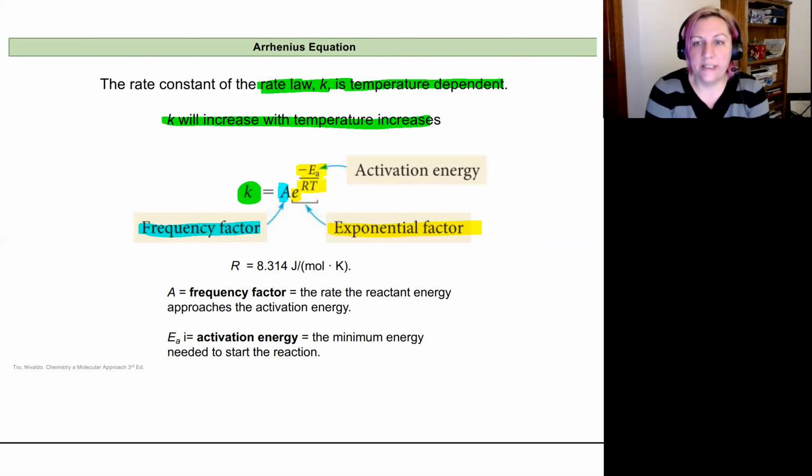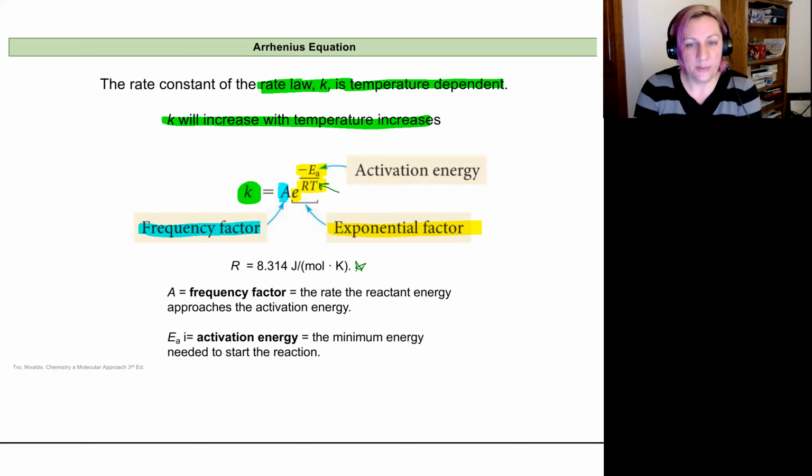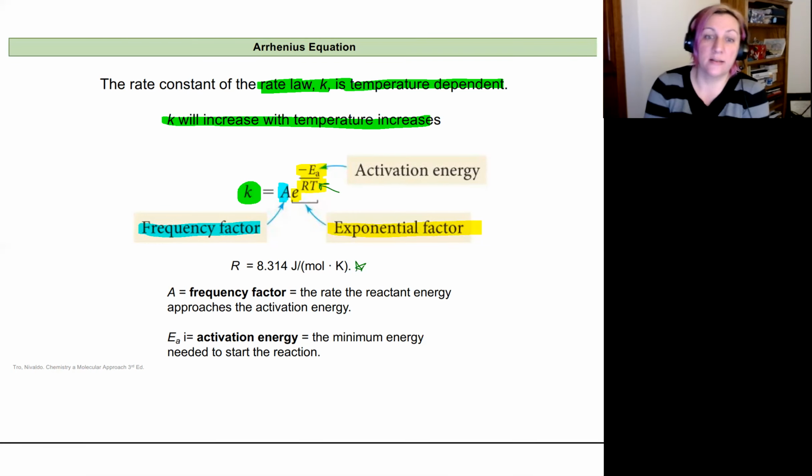And so we see that activation energy and temperature dependence in our k expression. And so that's where we see that as T increases, k increases. R for this equation is the version that is 8.314 joules per mole Kelvin, so using our units that include energy. And that frequency factor is going to be equal to the rate that the reactant energy approaches the activation energy.